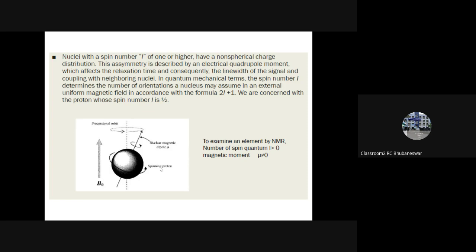This coupling, the coupling constant, and shielding due to the nearby environment we will see by taking some examples. The spin quantum number I of the atomic nucleus varies according to the number of protons and neutrons in the nucleus.